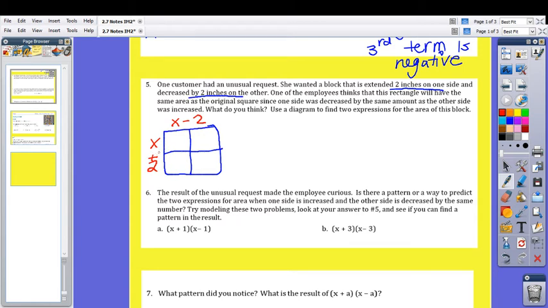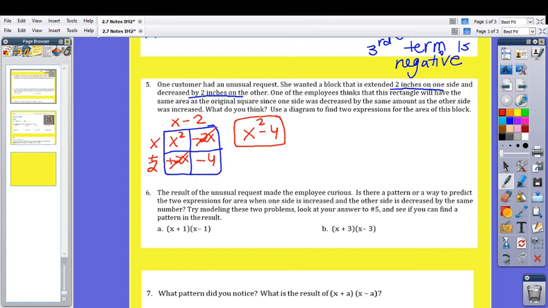But is that what will happen? Let's find out. So we get x squared. This one is take away 2x. This one will be add 2x, and this will be negative 2 times positive 2 gives you negative 4. Now this cancels out because they both are the same. So you will be getting x squared and then take away 4. And that's not the same area as x squared.